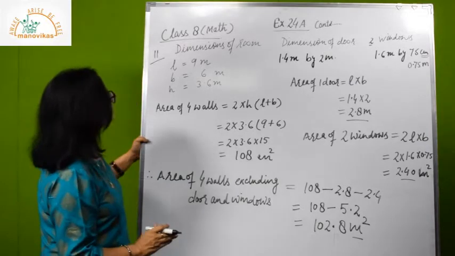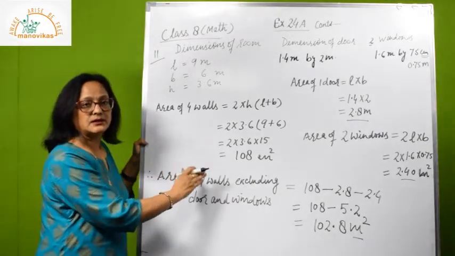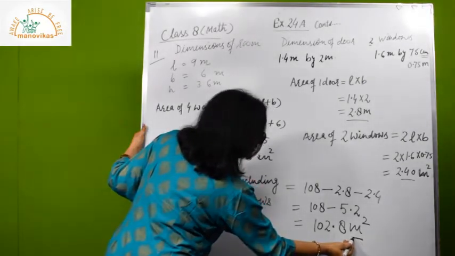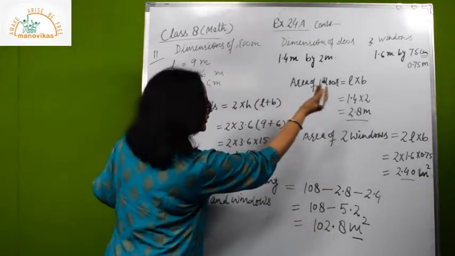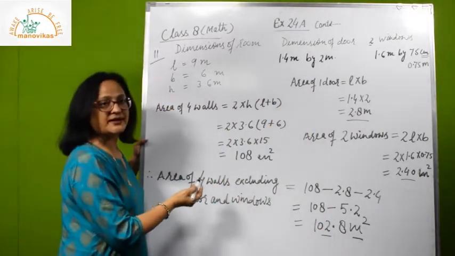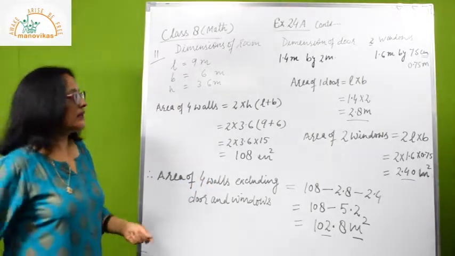In the second part, you have to find the total cost of painting the four walls. So what area will we paint? Excluding the door and windows. So this area we will paint, and we have to find the total cost of painting this area. So in the second part we will do that.